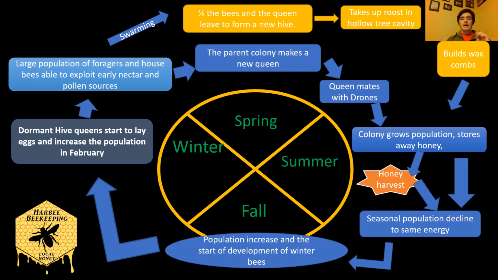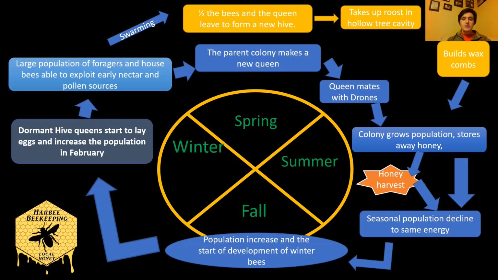But we have goldenrod blooming, we have knotweed blooming, which makes the bees build up a lot and store away their last bits of honey. Their population will grow a little bit because the queen will start to lay more eggs. And then we go into winter with a large, robust colony and start the cycle again.